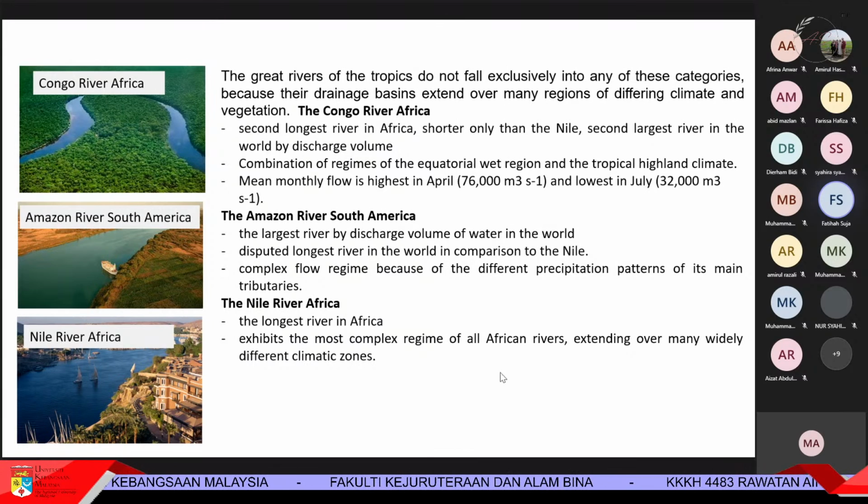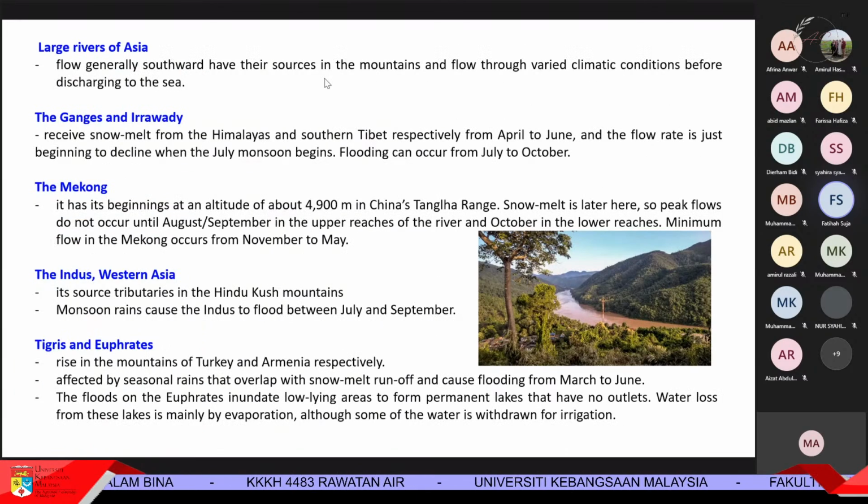And also you have the large rivers in Asia. Usually the large rivers in Asia flow generally southward, have their sources in the mountains and flow through very different climatic conditions before discharging to the sea.